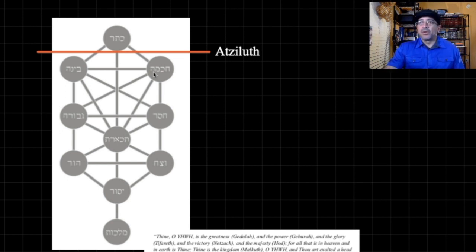So Chokmah is the second glory after Keter, and you're going to hear a lot about the light of Chokmah, and then the light of Bina, which is called Ohr Hasadim, the light of mercy. But at this moment, just have in your mind Chokmah, wisdom.